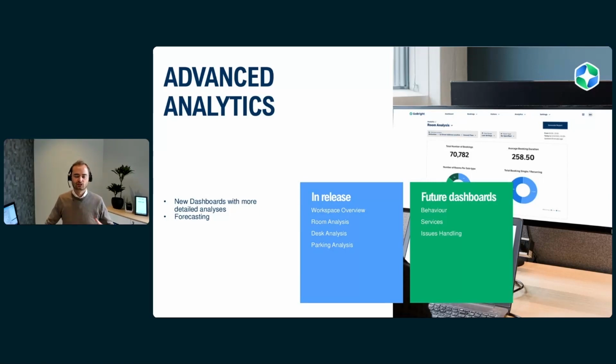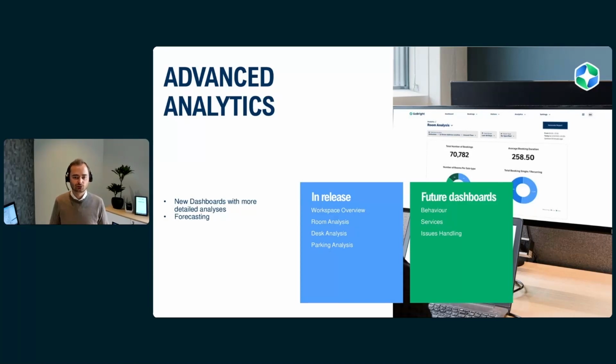So you can not only see what is being used and how much it's being used, but also how your users utilize the office within their behavior, as mentioned. And then adding services. So we have a catering module in combination with our room bookings, also being able to see analysis on that.